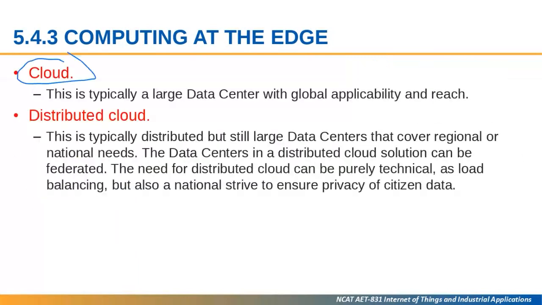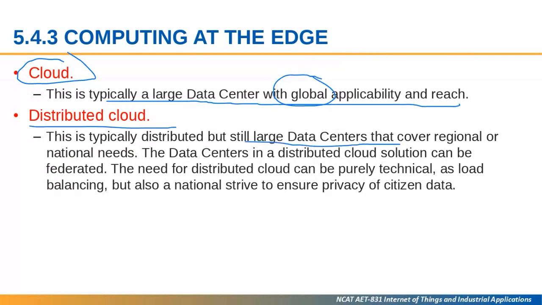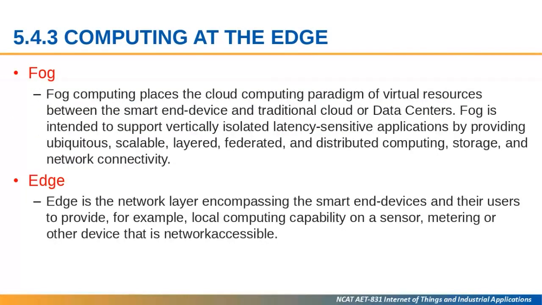So we have the cloud, typically a large data center with global applicability and reach. And we have the distributed cloud, which are still big data centers that cover regional or national needs. And all the way down, we have the edge. It's the network layer for smart end devices.